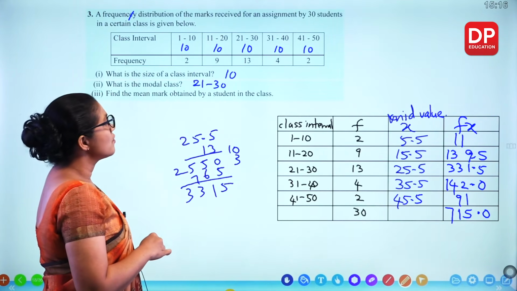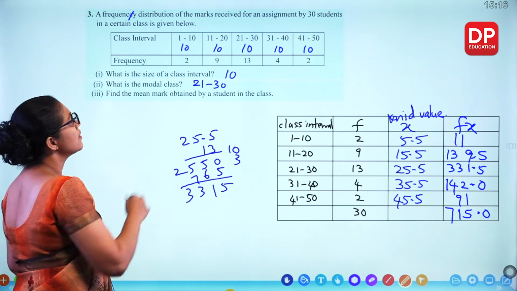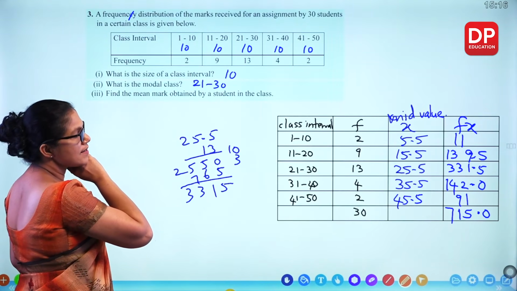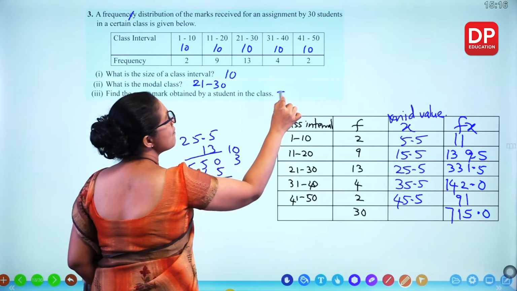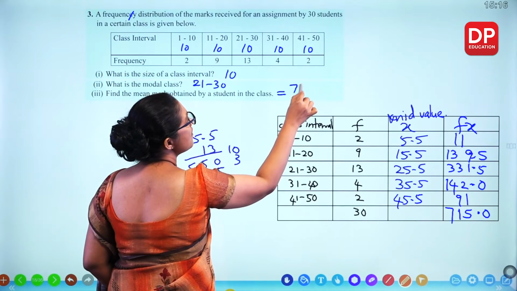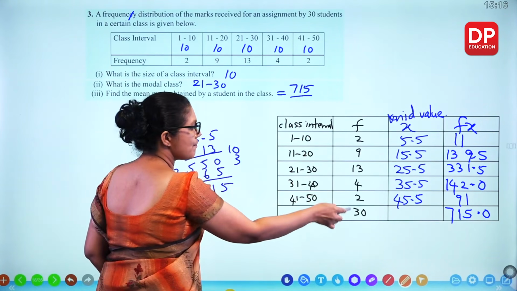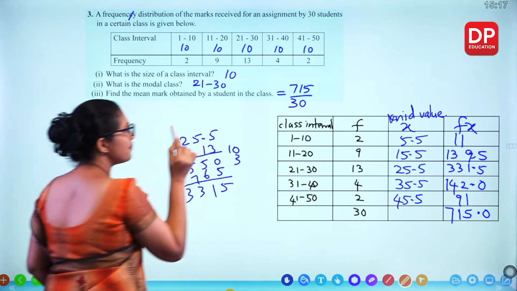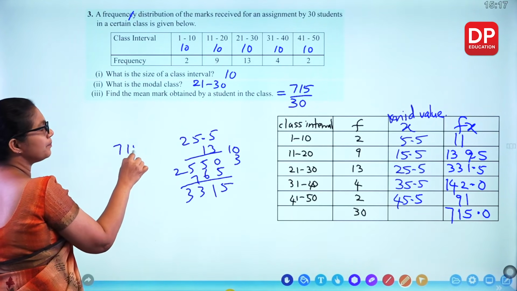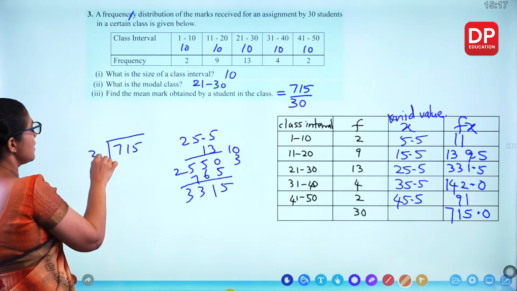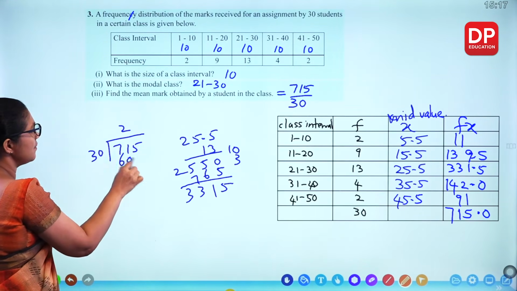So what's the mean mark obtained by a student in the class? Total fx, that's 715, divided by total f, that's 30. Divide with long division, 30 times 2, 60.